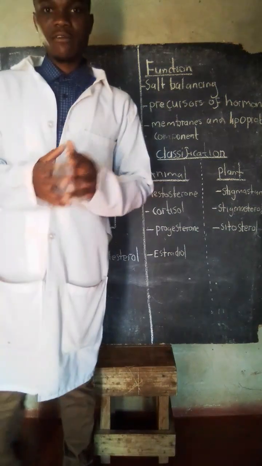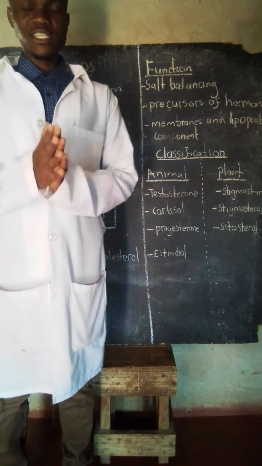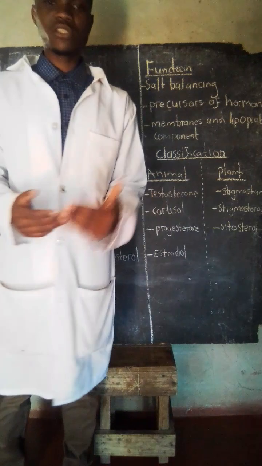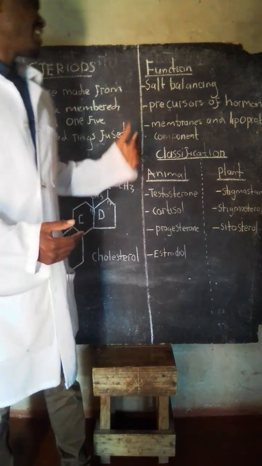So let us look at some of the functions of steroids. The first function of steroids that I'm going to discuss with you this morning is that steroids are used in salt balancing. They are used in salt metabolizing.